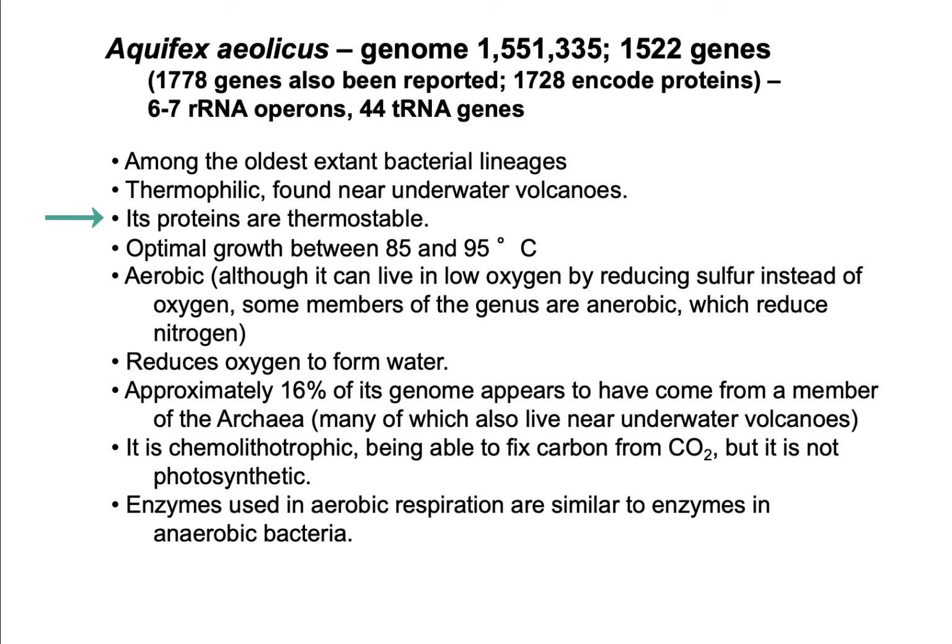Part of their stability comes from the fact that they have higher concentrations of cysteine in their proteins, and they have disulfide bridges in the proteins to hold them together, so even in hot temperatures they don't fly apart. They're aerobic, although some can live under low oxygen conditions by reducing sulfur instead of oxygen to form hydrogen sulfide. So it reduces oxygen to form water, that is H2O.